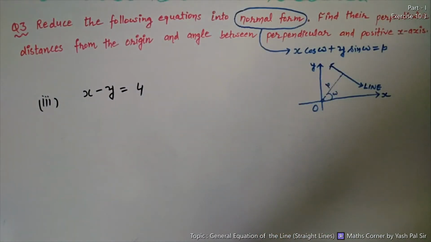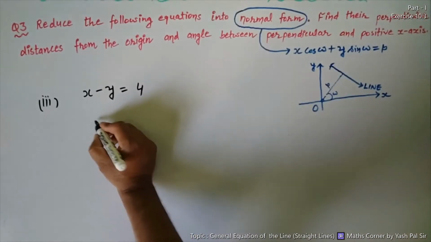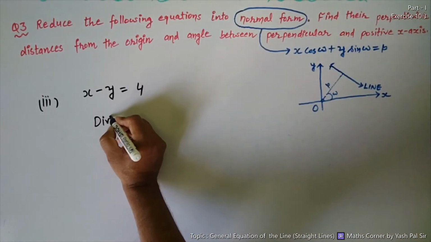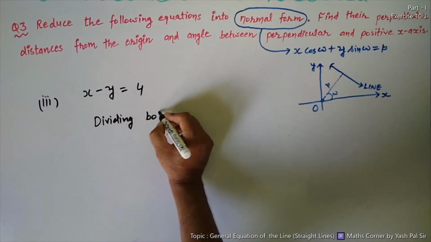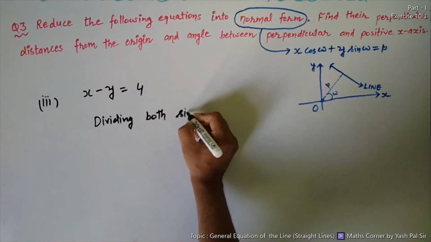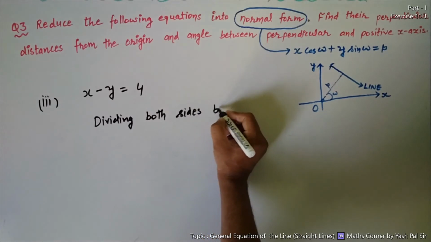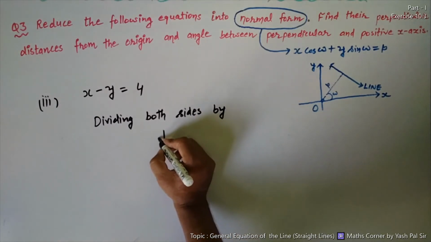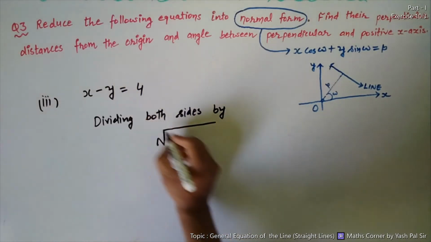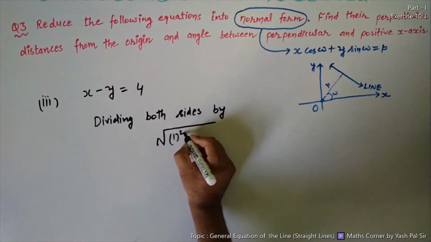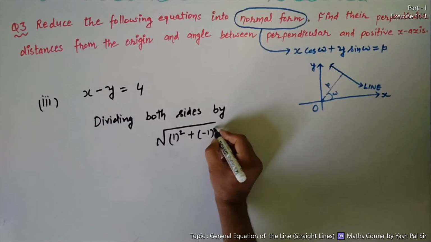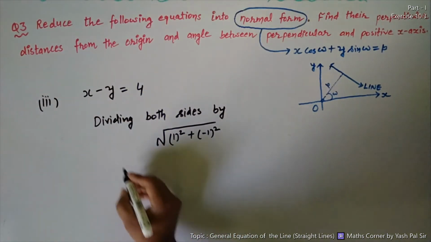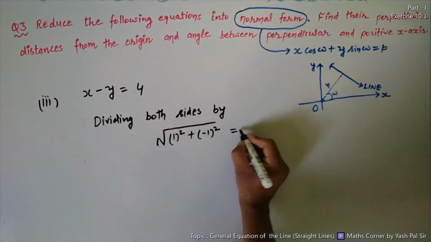Again we have to reduce this into normal form. So what is the first step? Dividing both sides by the square root of the coefficient of x, which is 1, its whole square, plus the coefficient of y, which is minus 1, its whole square.